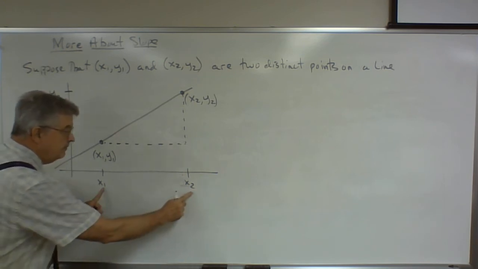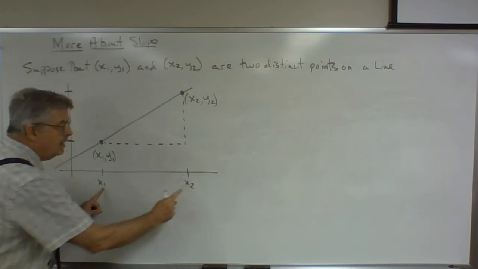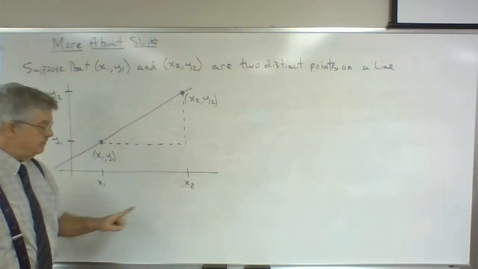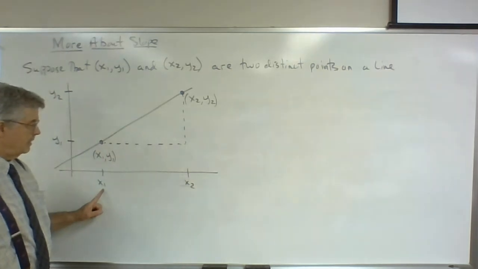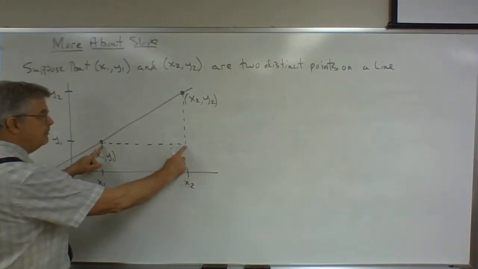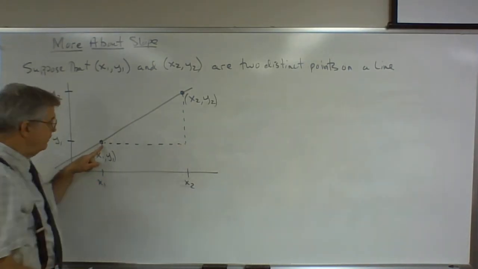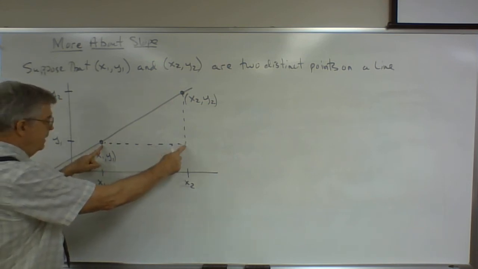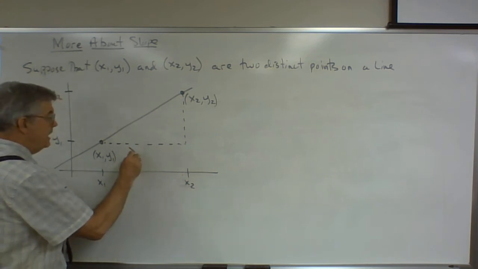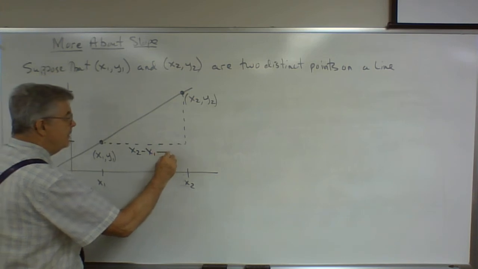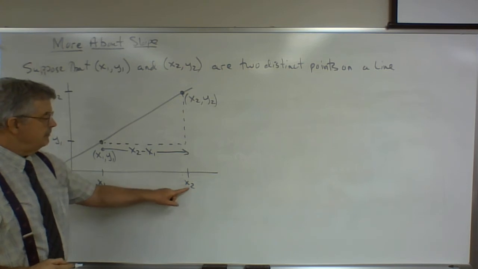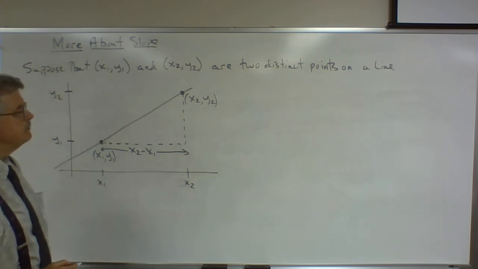From here, x1, to here, x2. Isn't it just the difference of the x-coordinates, the larger minus the smaller? Now, what's the distance from here to here? Well, isn't the distance from here to here exactly the same as the distance from here to here? So that would be x2 minus x1, just the difference of the x-coordinates, the larger x-coordinate minus the smaller.